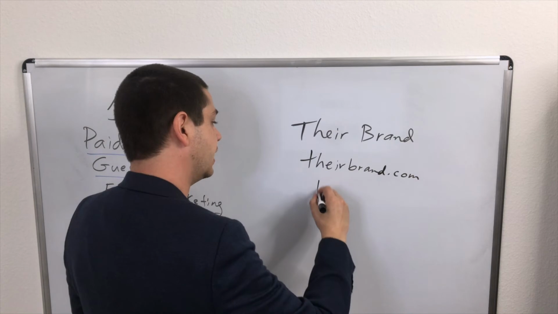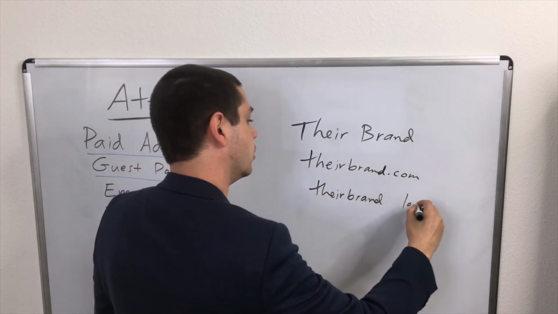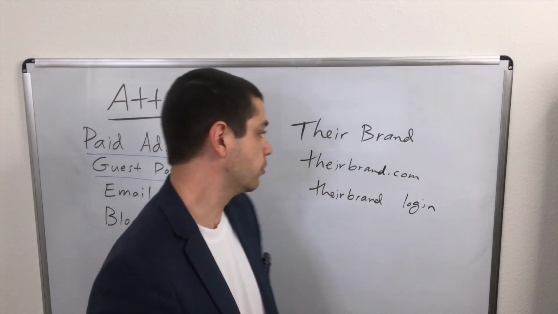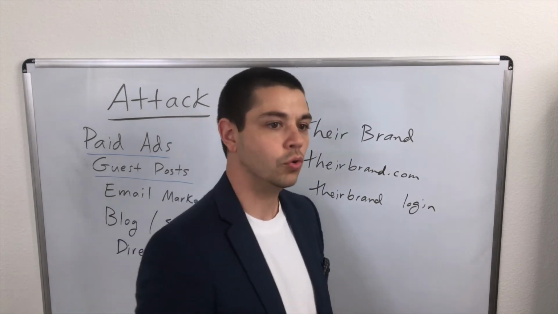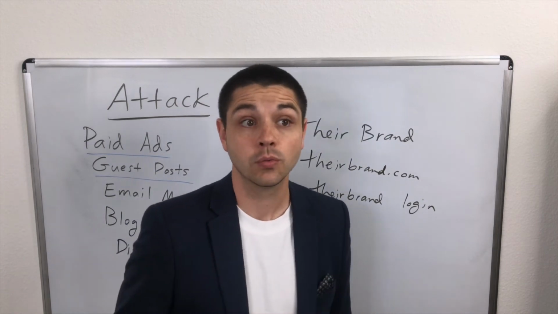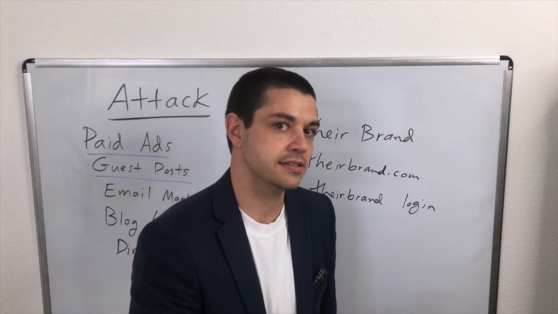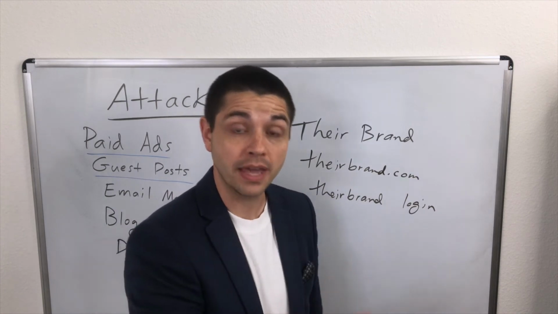And then I'm going to buy their brand login. And maybe if they have a product, I'm going to write their brand in the name of the product. And in Google or whichever search engine we're going to be running these ads on, we're going to use search ads, and we're going to include these as the keywords that we want to pay for.